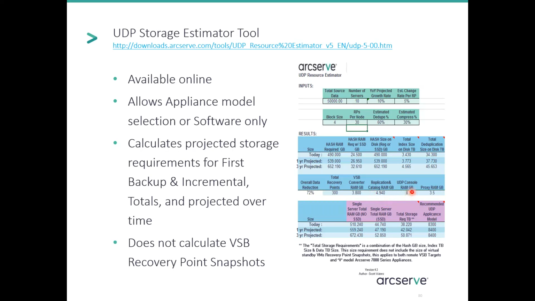Alternatively, you can also account for the console. In addition to the 52, another 8 for the console if this server is also running the RPS and the console together. If they're going to be cataloging replication, another 5. If you're going to be virtual standbying recovery points to a host, this conversion process takes resources, an additional 4.